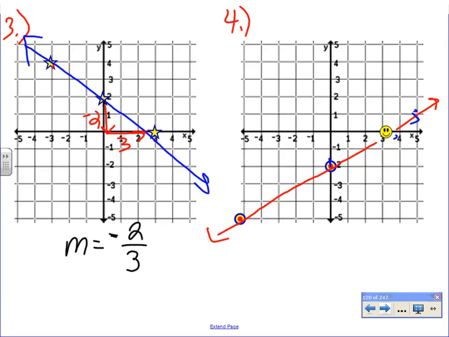Okay, try the bottom row, 4, 5, 6. Try them all. Okay, so think about it. There's no other points on it. So what do you do?